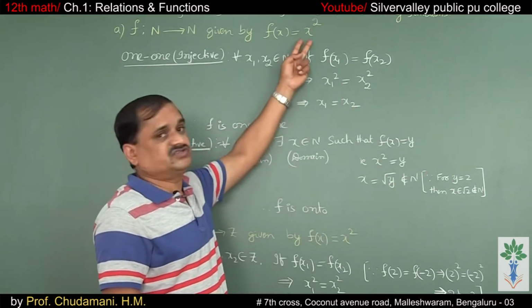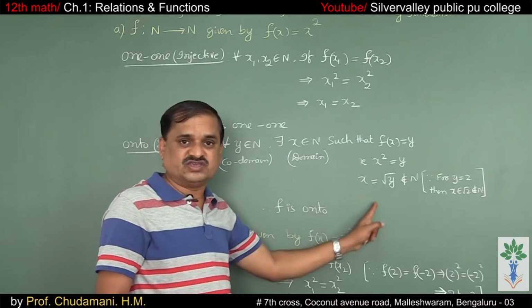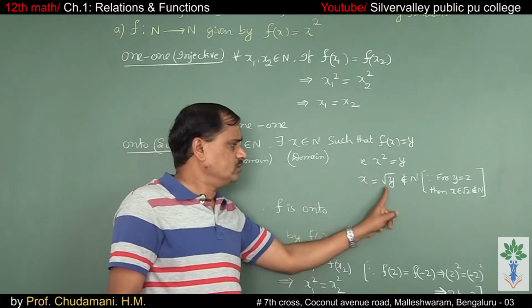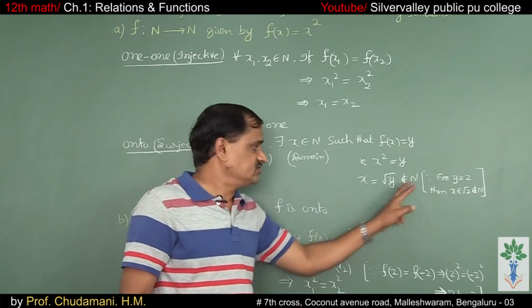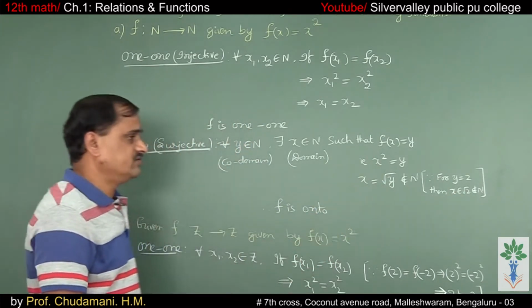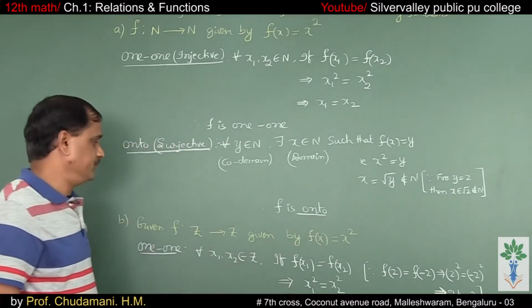What is f of x? X square. X square is equal to y means x is equal to root y. Suppose I select y is equal to 2, root 2 is not a natural number. That's why x equals root y does not belong to N. Therefore, f is not onto.